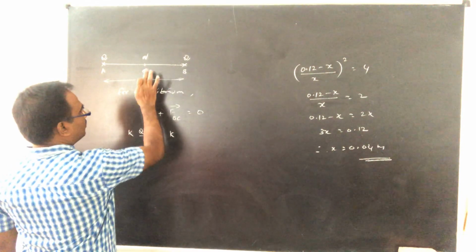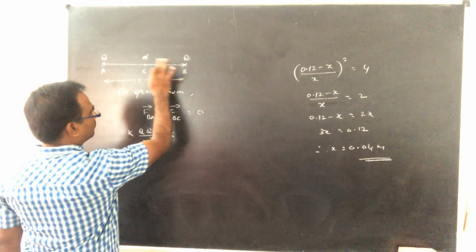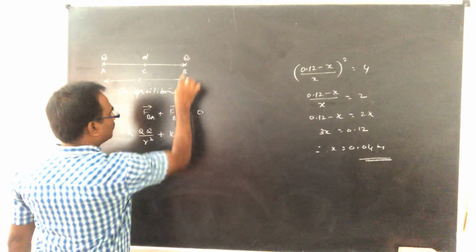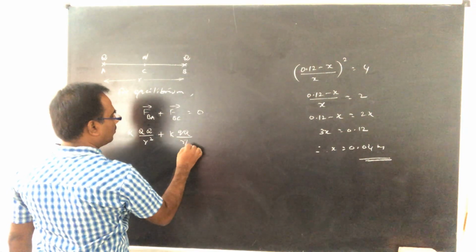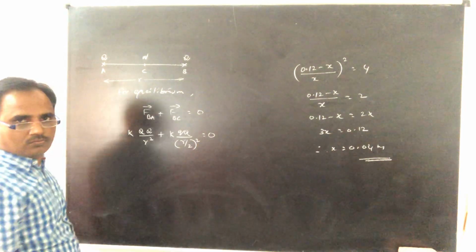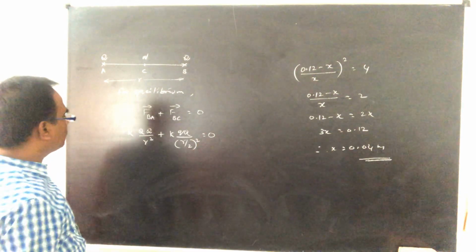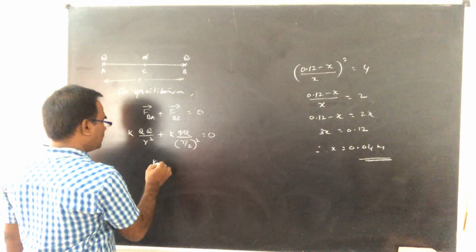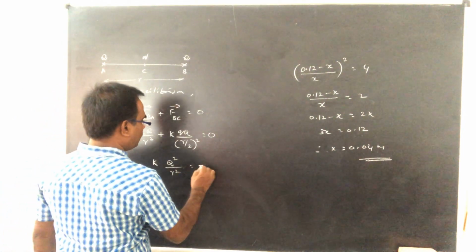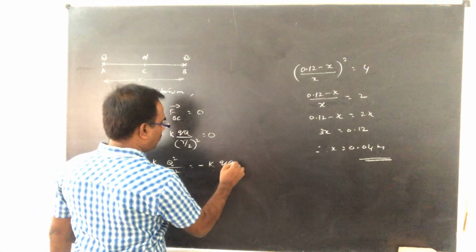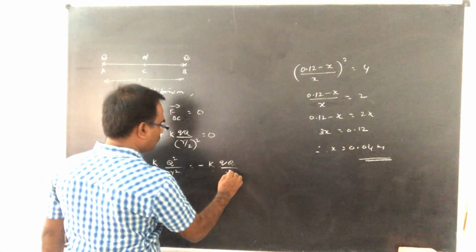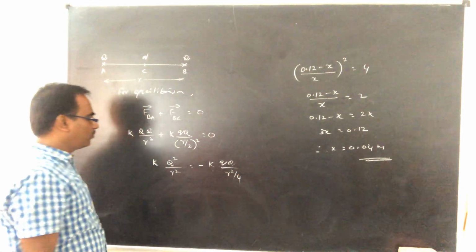Plus this force between these two charges, K, this charge is Q, this charge is Q, the distance is R by 2 whole square, so this should become equal to 0. You rearrange the terms, so this K Q square by R square is equal to minus Q Q by R square by 4.